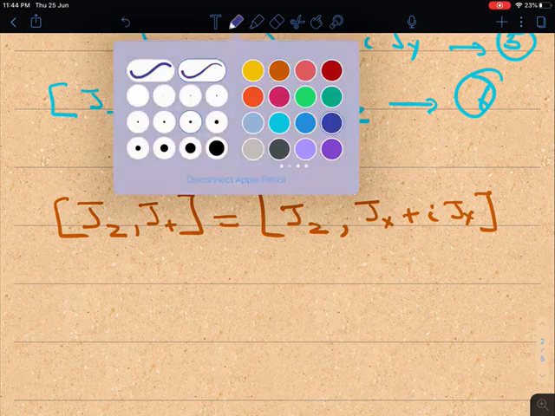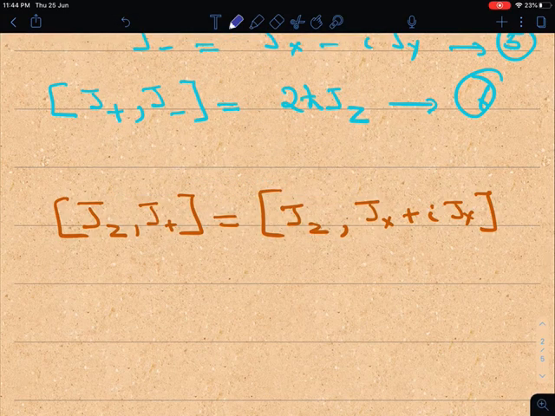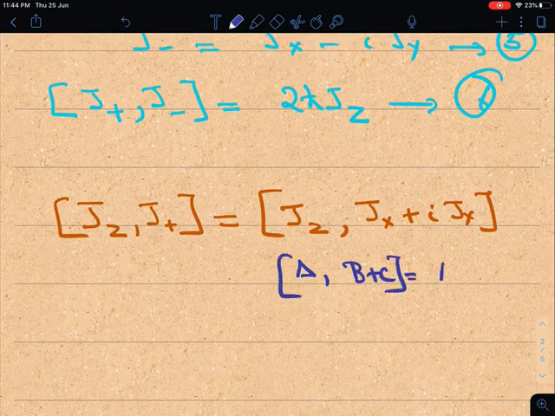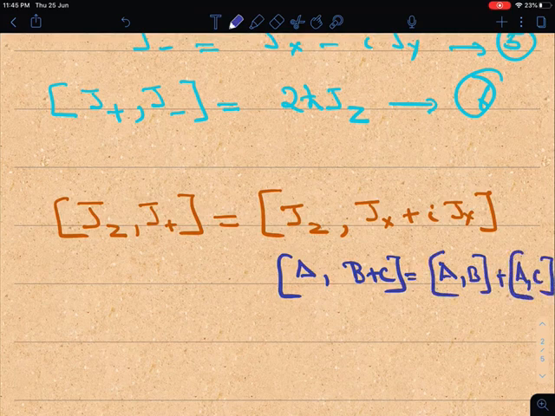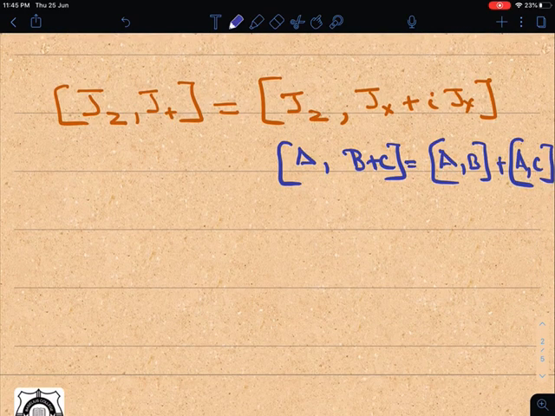Now this we can expand using [A, B plus C] = [A, B] plus [A, C].